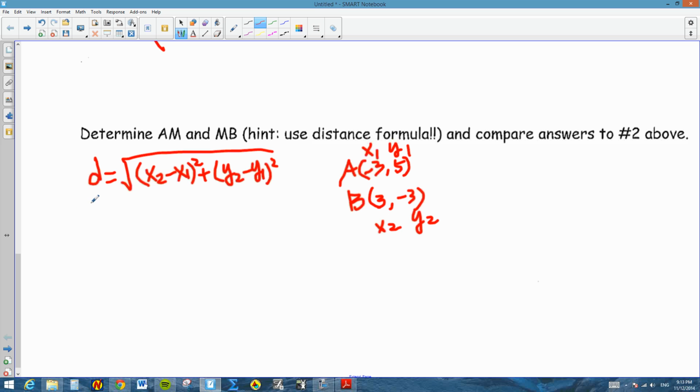Plugging into the formula, that gives me AN. If we want to find AN, I would use N. So let me erase this one. We directly use N instead of B, so we use N, which is (0, 1).